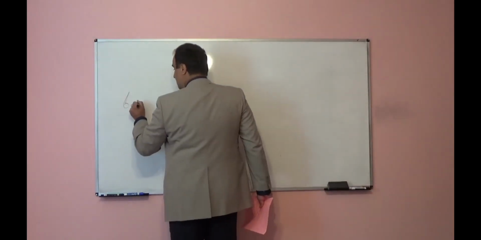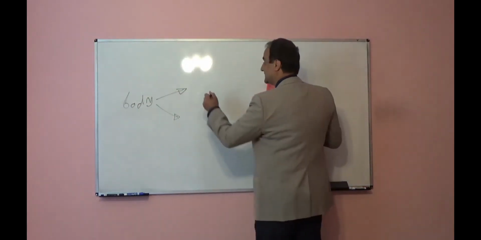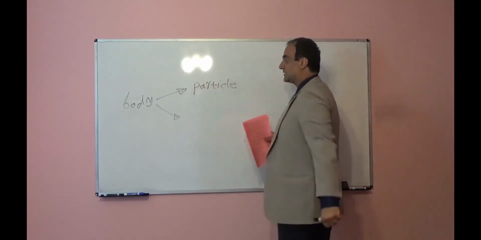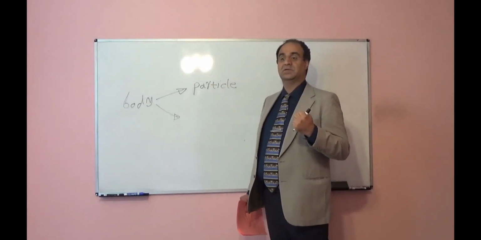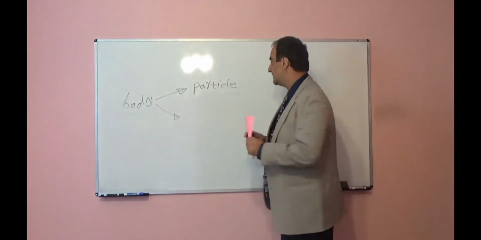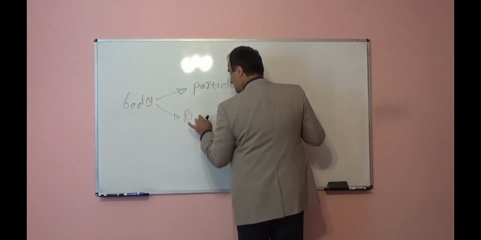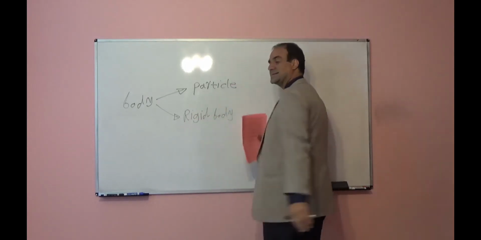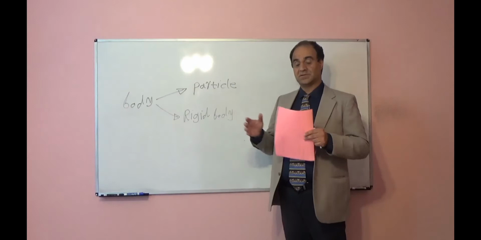One of them is the particle. A particle means the object has mass but no size. We don't consider the size and shape. We model it as one point. A rigid body has mass, size and shape, but there is no deformation under load.